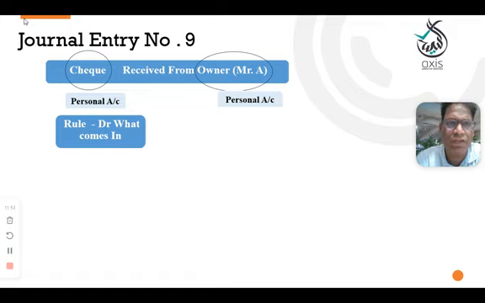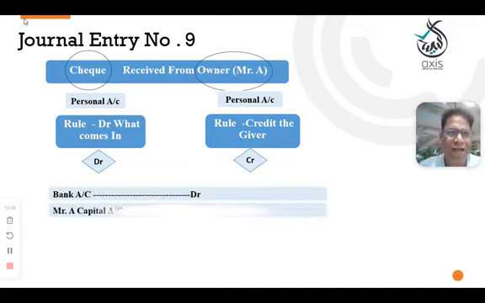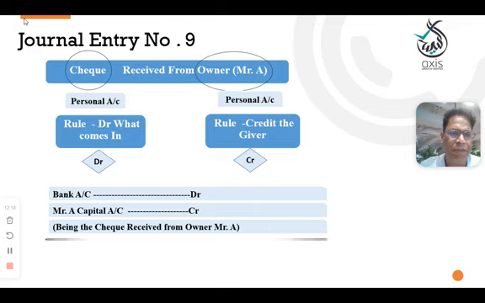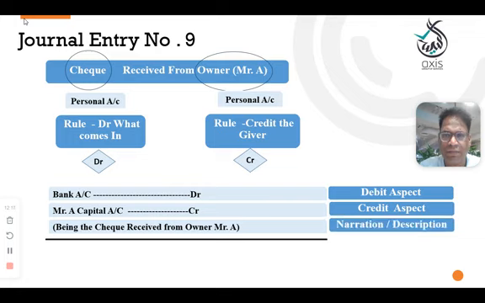Here, bank is the receiver, debit, and owner is the giver, credit. So bank account debit, Mr. A's capital account credit, being the check received from owner A, and debit aspect, credit aspect, narration and underline.